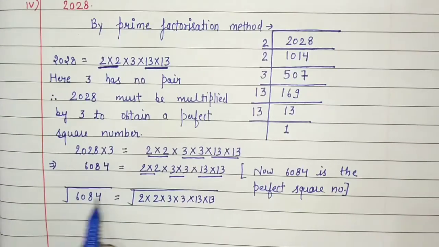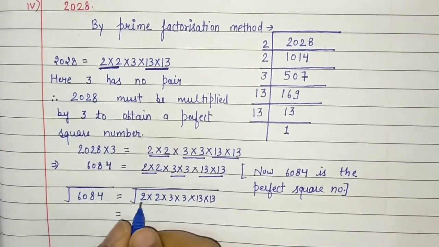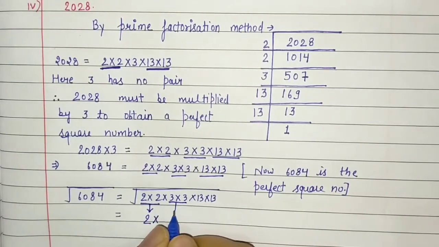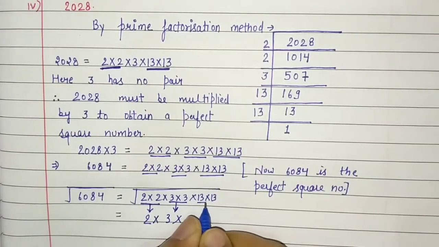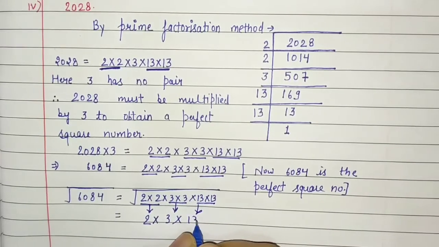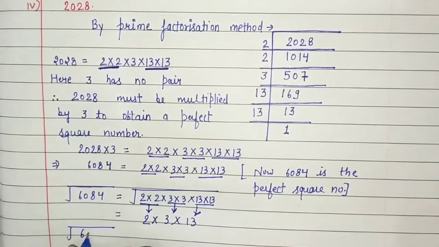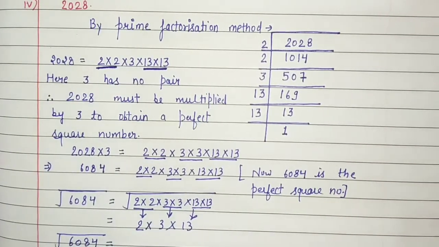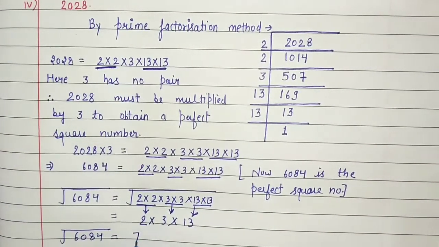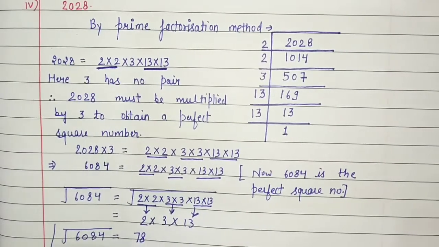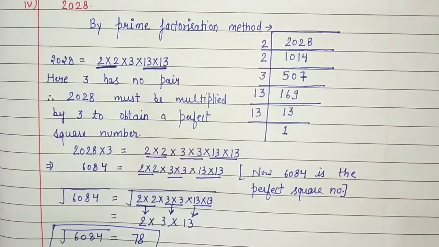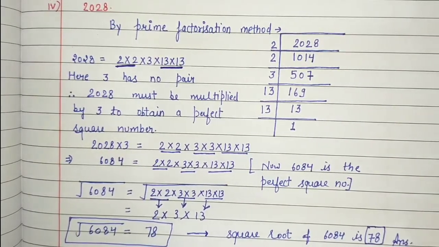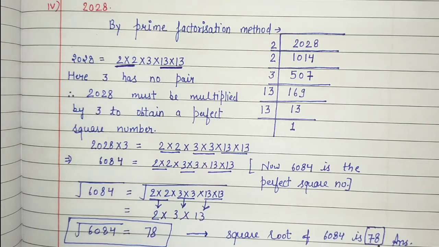Both sides in square root, so you will get 2 has the pair, so one 2 outside the square root sign. This 3 also taken outside, and 13 also outside. Now if you multiply, you will get 13 into 3, 39, 39 into 2, 78. This is the answer. You can also mention this statement: the square root of this number 6084 is 78.